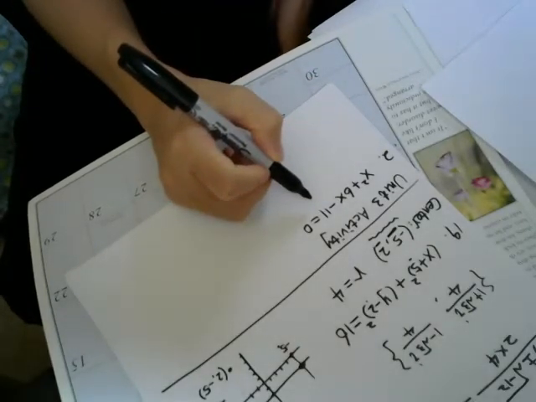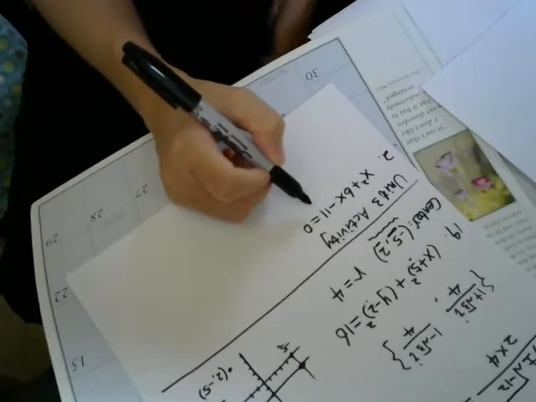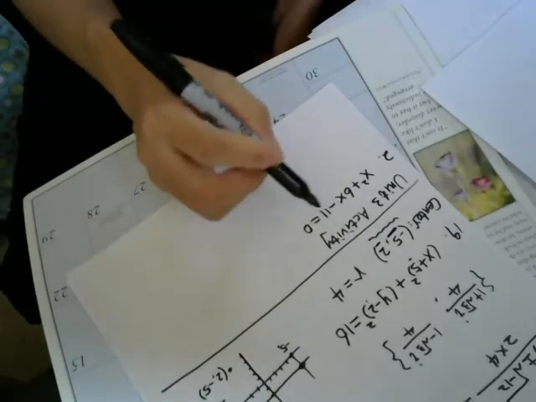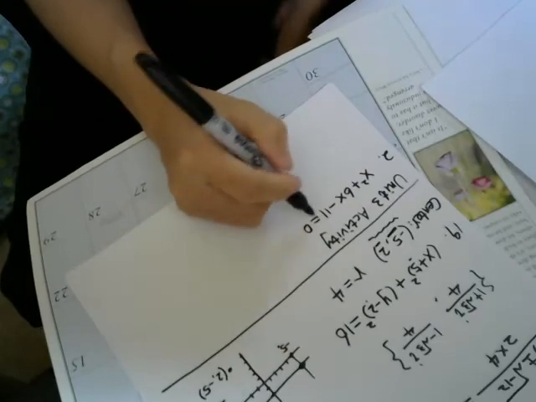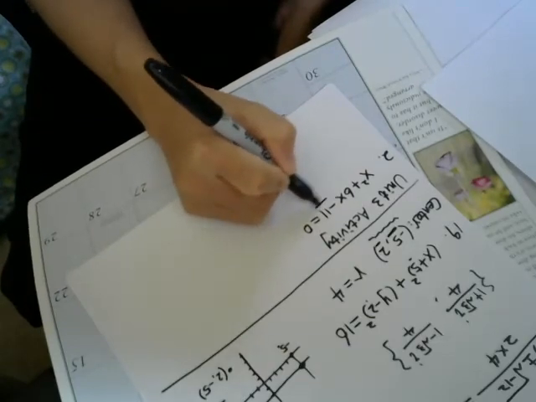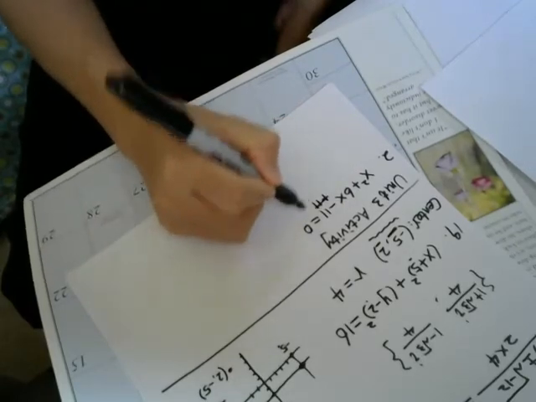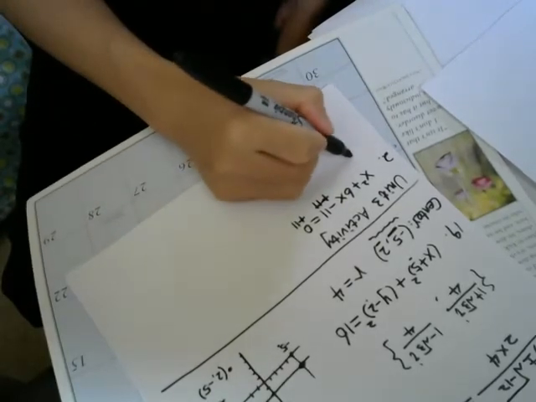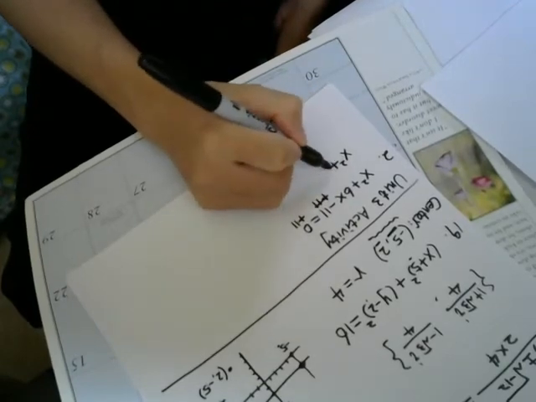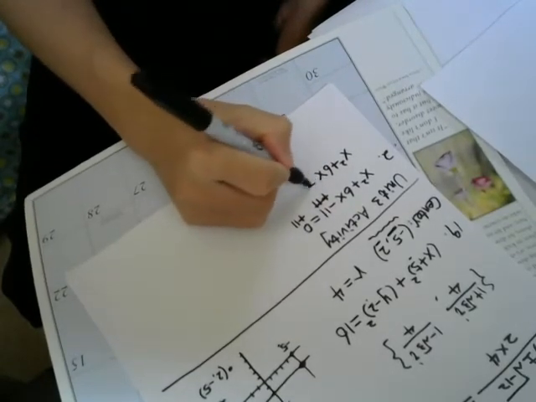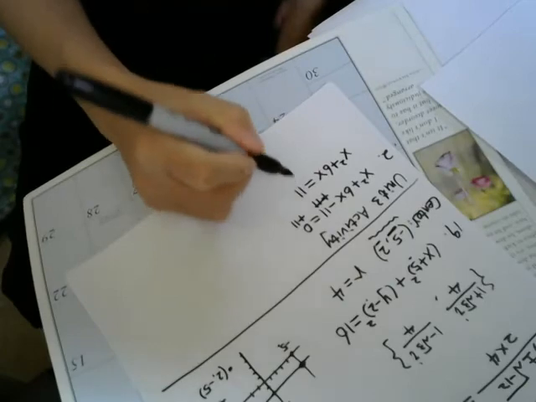If you truly understand the given example, the first thing you need to do is move the constant to the other side. We do that by adding 11 to both sides, and it becomes x squared plus 6x equals 11.